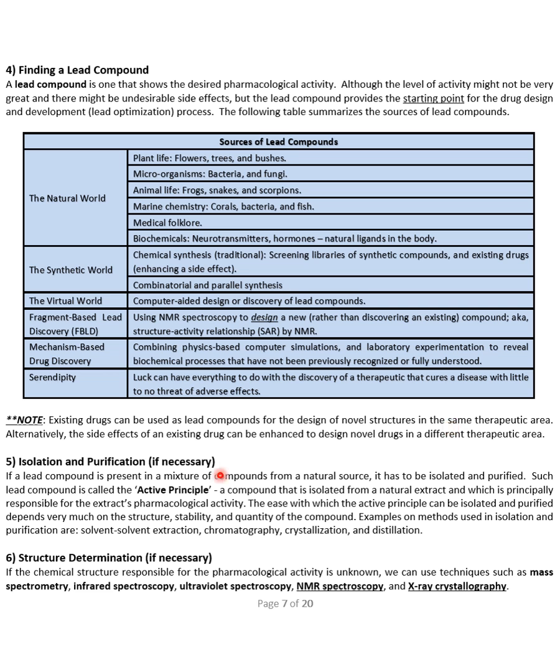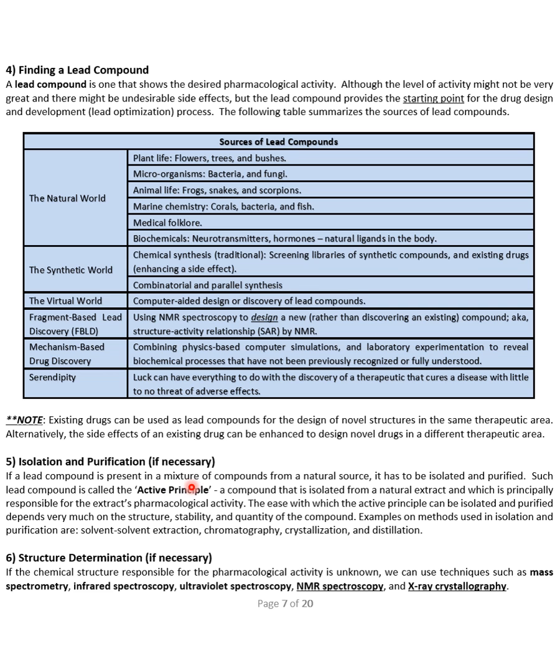Okay, and then the next step in this phase would be isolation and purification if necessary. And I say if necessary because in the case of the natural world, you would need to isolate and purify the active drug. Like if you have a plant, for example, that has some activity, then you would look into that mixture of compounds and then find which molecule is responsible for that activity.